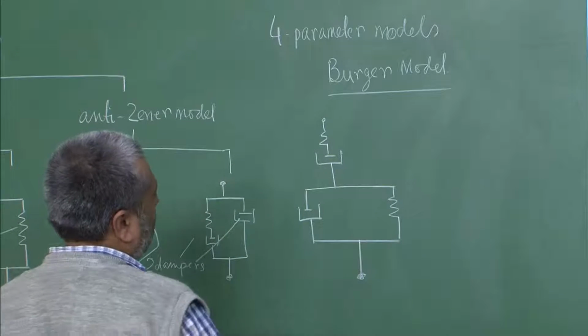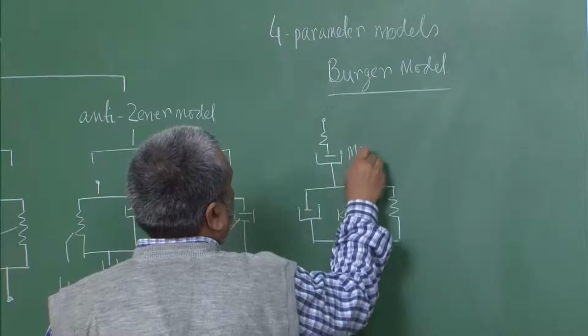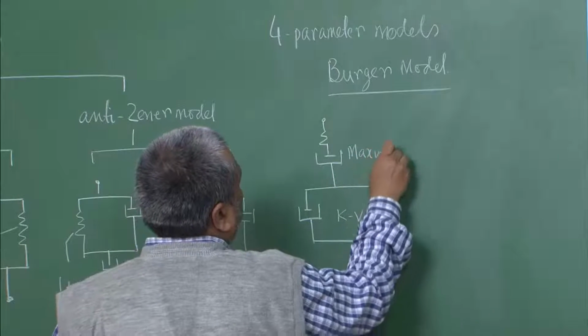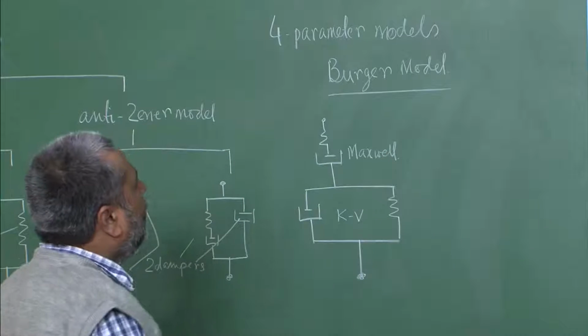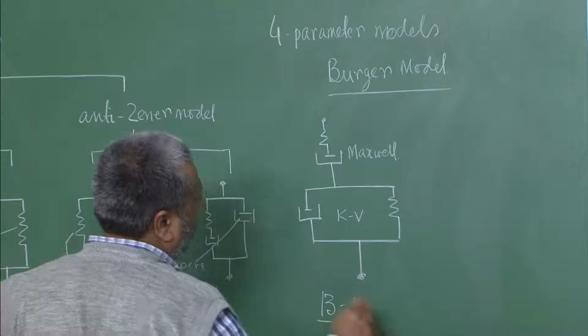So, that means we have a KV, we have a Maxwell, we are joining them together to get the first Burger model B1.